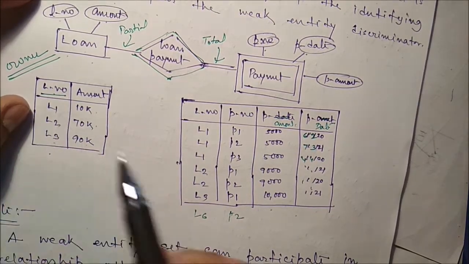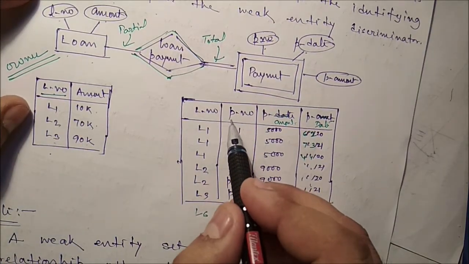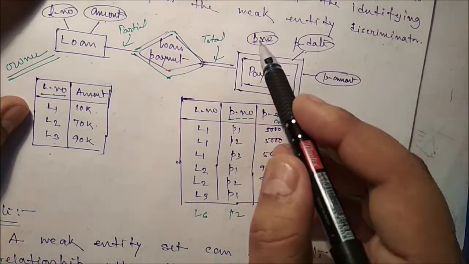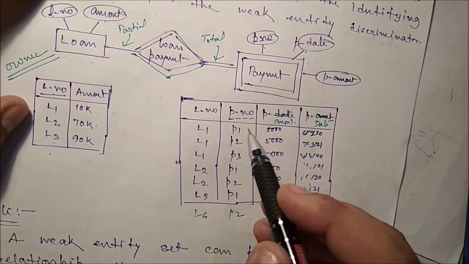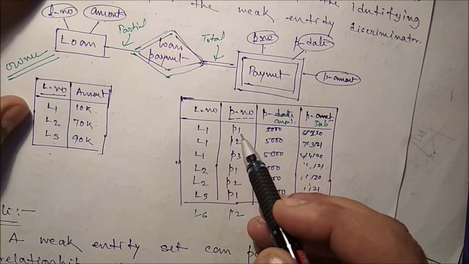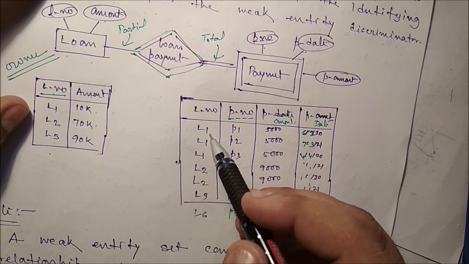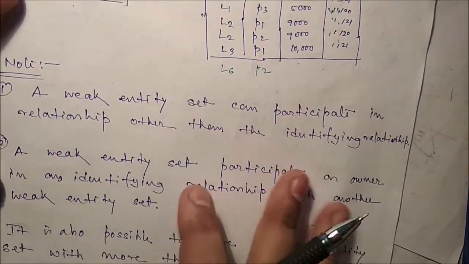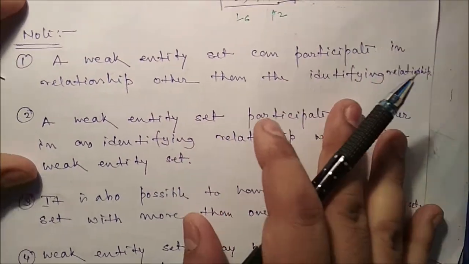And the payment number is a partial key. So through this partial key we can identify the particular loan of that particular repayment number with the particular loan. Okay, so few notes are there, we can see one by one.